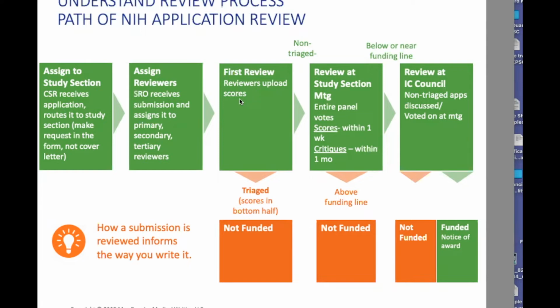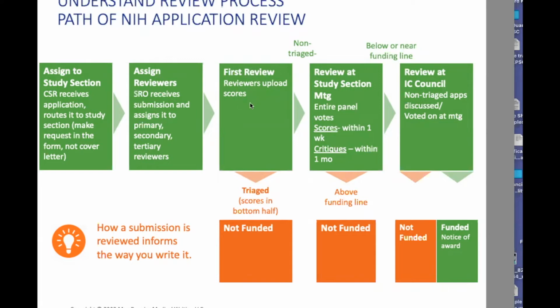After they upload their scores, there's a window of time where they can look at what the other reviewers stated, and they have the opportunity to amend their score based on what the other reviewers are saying. So while there's not an actual dialogue between the assigned reviewers, they can look at the comments of the other people and change their comments accordingly.